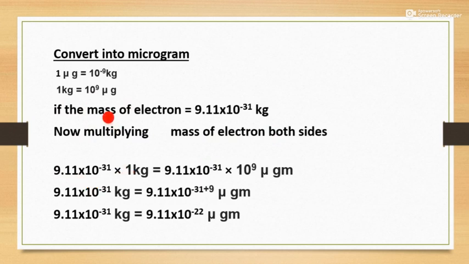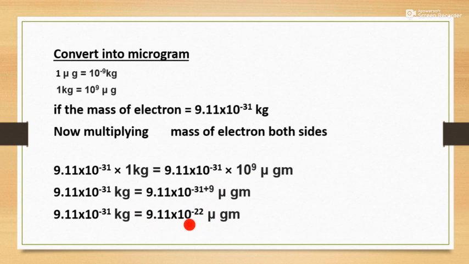Again 1 kg stays as it is, and 9.11 times 10 raised to minus 31 on both sides. The 10 and 10 are the same base, so we can add powers: minus 31 plus 9 is equal to minus 22.